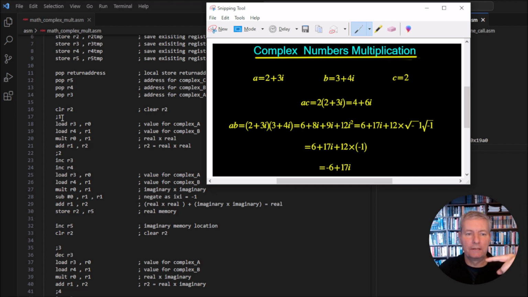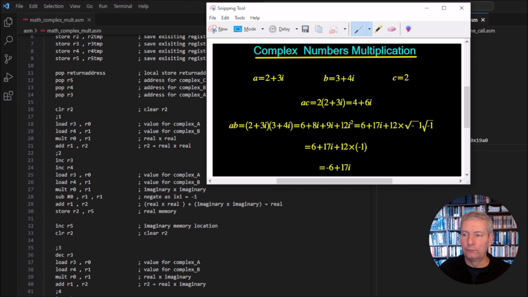Okay, so the first part here is multiplying the 2 and the 3. The next part here is going to be multiplying the 2 imaginary parts and then adding both of those together. So that gives us the final real value.